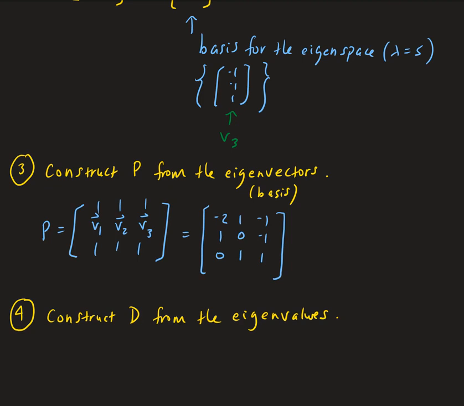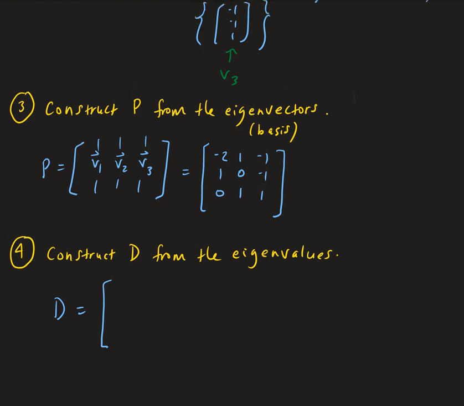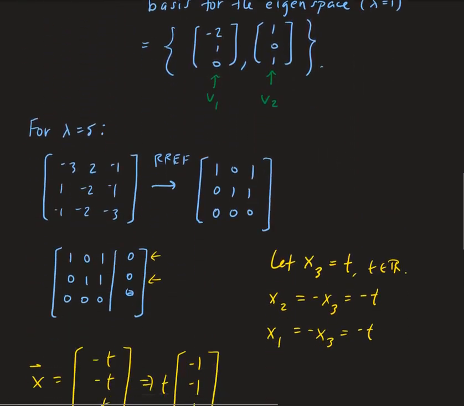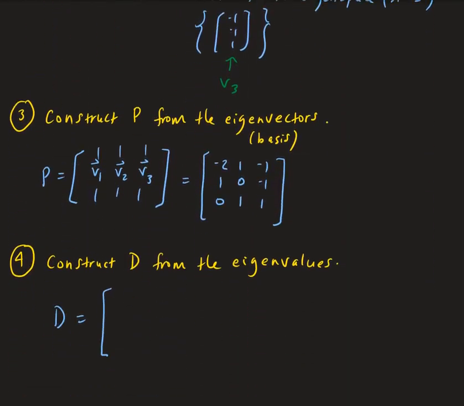So D is going to turn out to be, and this is what I was mentioning earlier about the ordering of our eigenvectors, since V1 and V2 came from the eigenvalue of 1, we want to put the eigenvalue 1 here.